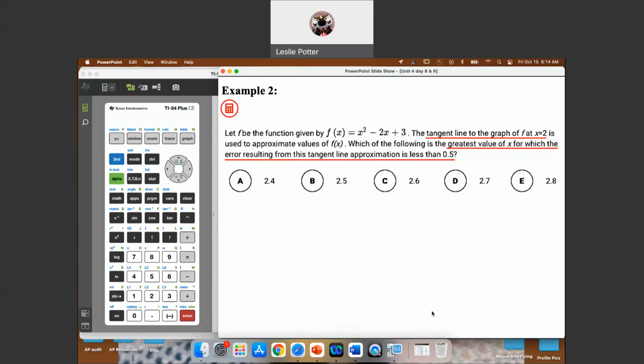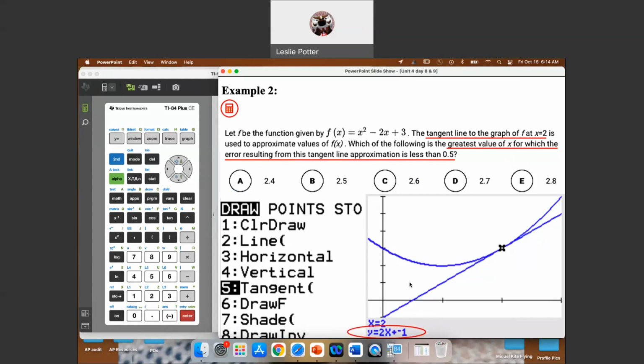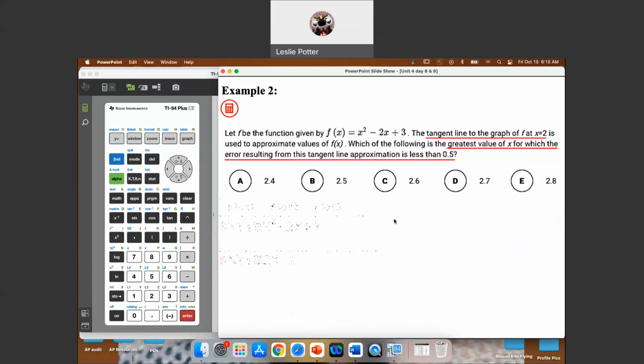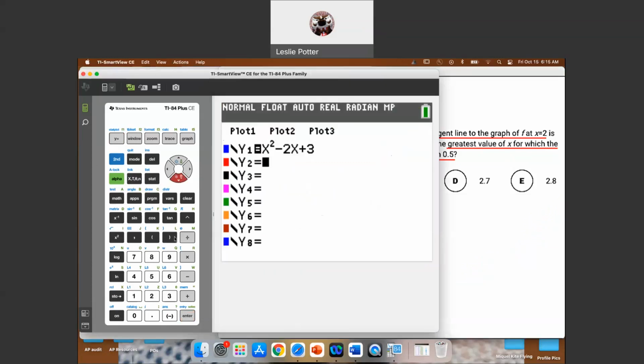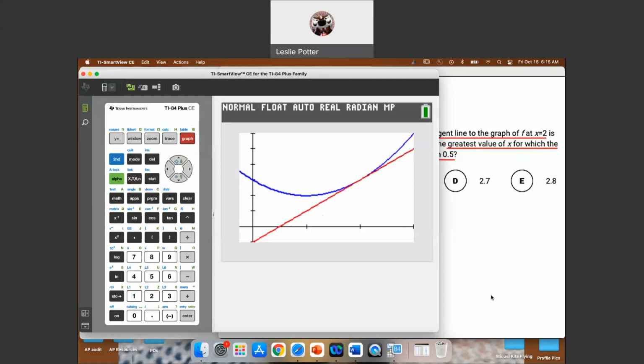And so we know that, I think I continue it here. There we go. So I'm going to graph that tangent line. I'm going to go into y2, and I'm going to graph that 2x minus 1. Okay, so it looks like that.